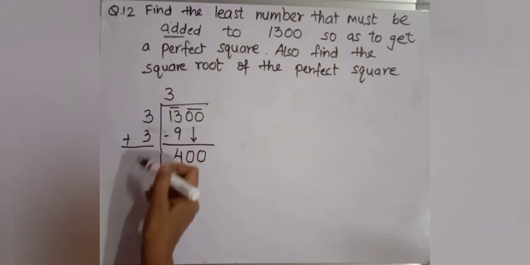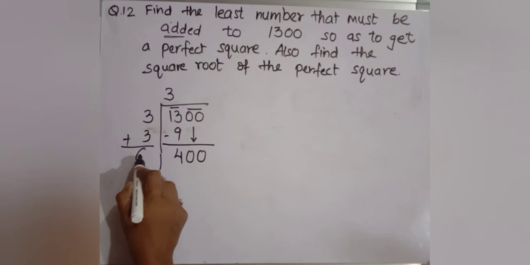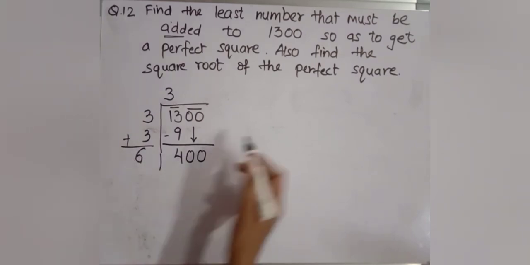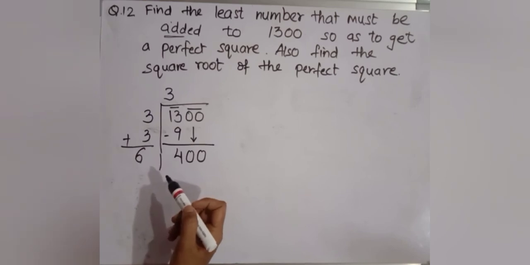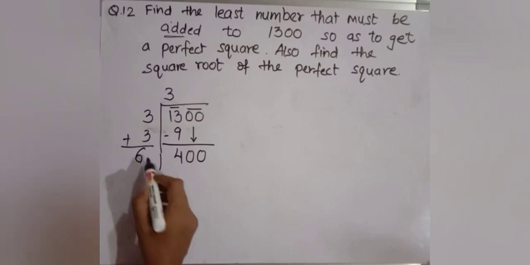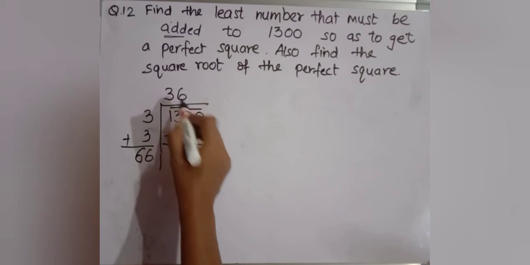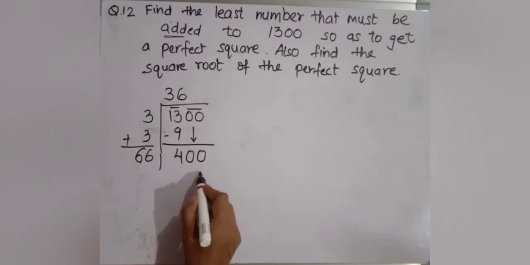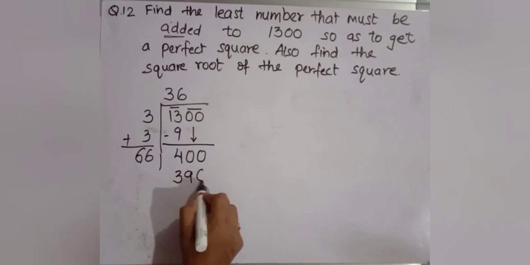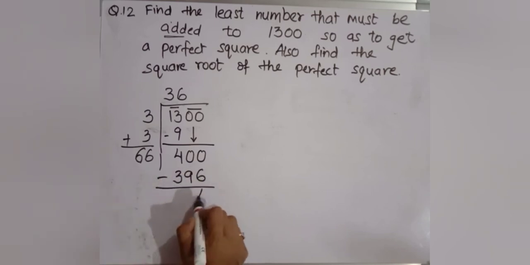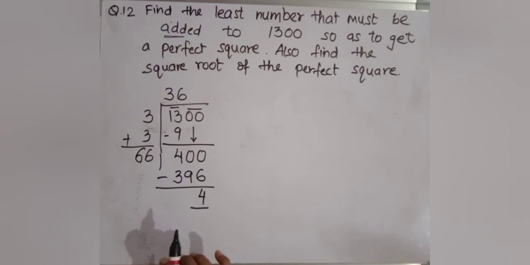When we add 3 here, we get 6. So which number should we multiply so that we get the answer less than 400? It is 6. 6 into 6 is 36, 3 carry, 6 sixes are 36, 396. And the remainder we get is 4, which is not equal to 0.